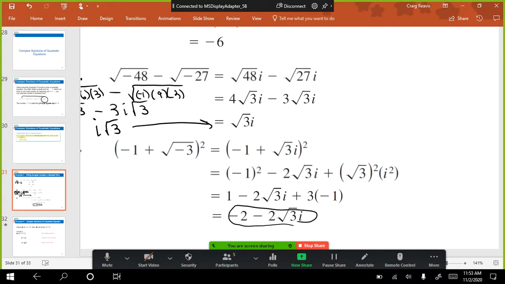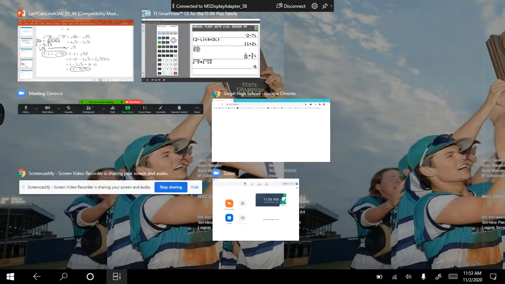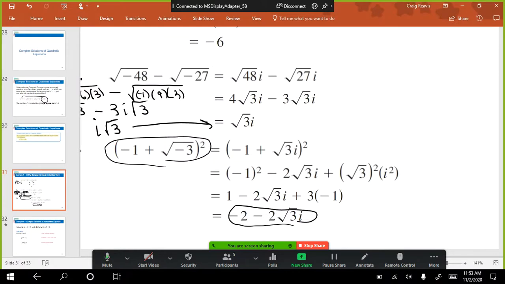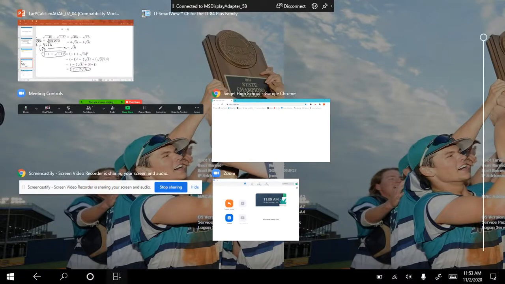Of course, right here, this might be one you want to just punch in your calculator. Well, I don't know if that's going to work. Let's see if that even works. We might need to be careful, because these calculators do not simplify square roots. So we have negative 1 plus the square root of negative 3, squared.